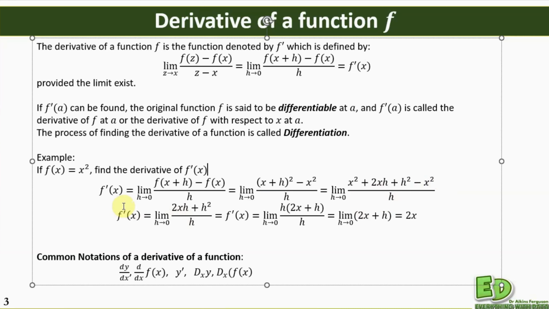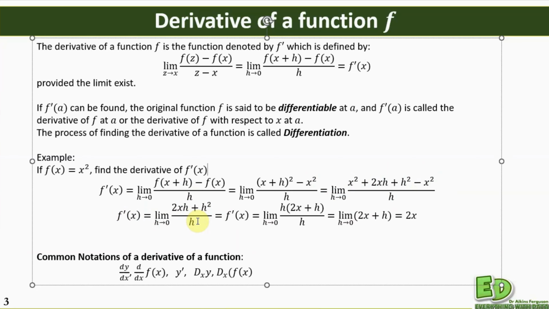What is the next thing? We would still write f prime of x is equal to the limit as h approaches 0. Then we can see that we have positive x squared here and negative x squared here. So this positive x squared will cancel the negative x squared off, leaving us with 2xh plus h squared all over h.